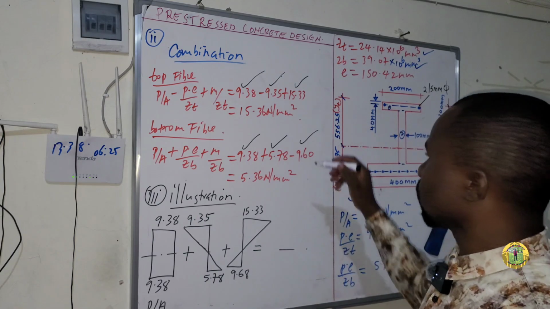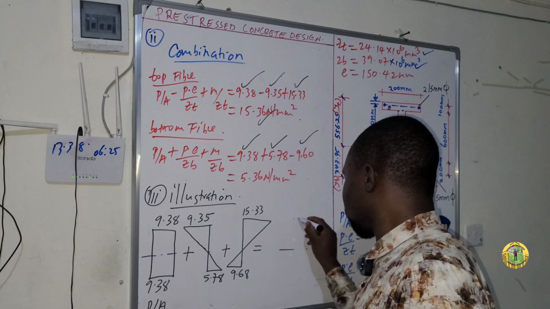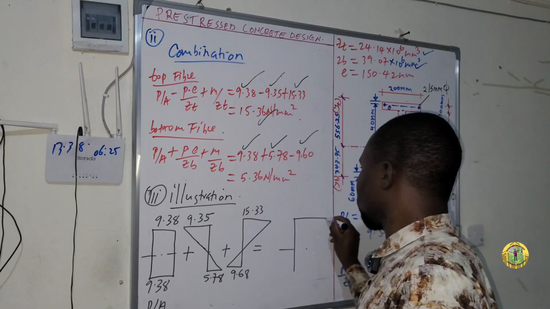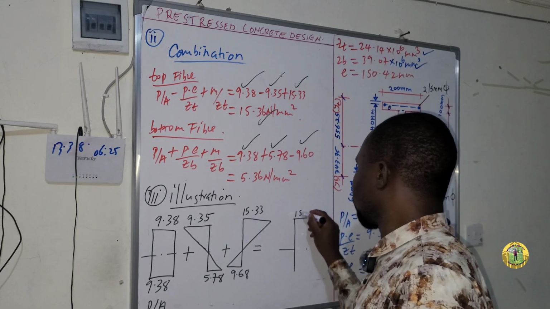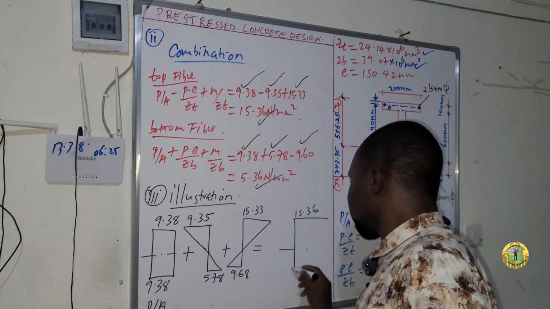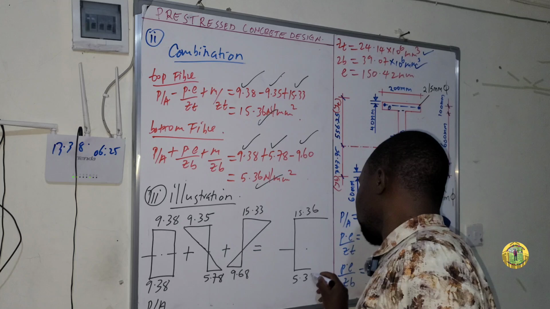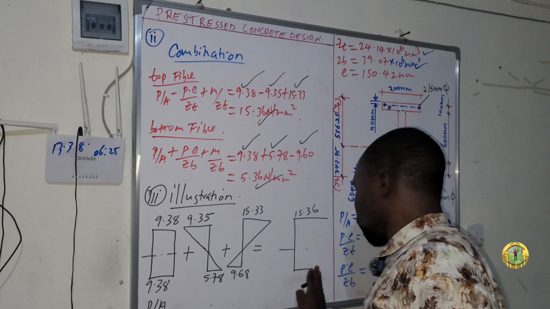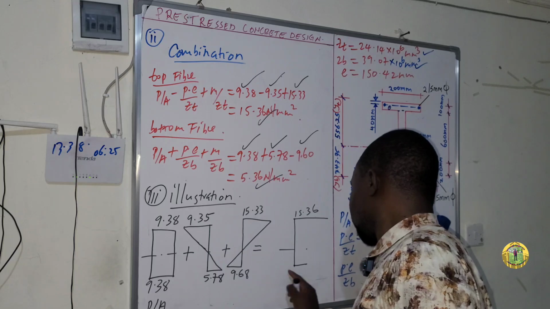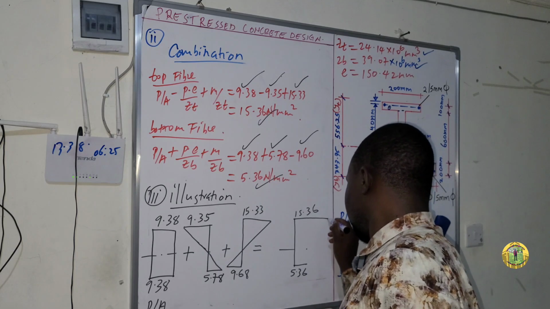Now we have 15.36, which is positive, and 5.36, again positive, and then you join the two.